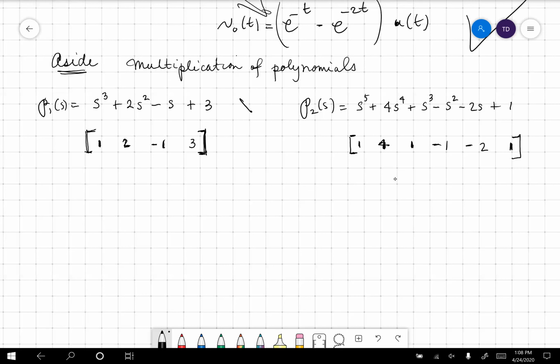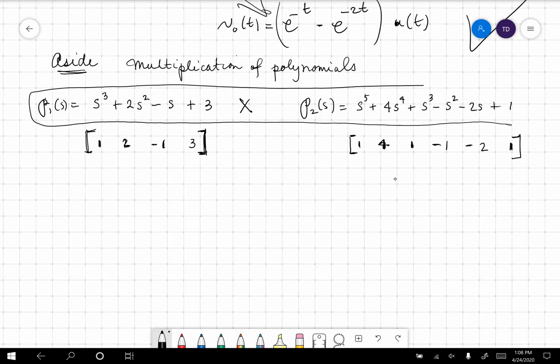So here's what we want to do. We want to multiply these two polynomials together. I know that you know how to do that, and you've got plenty of ways to do it. But I claim that multiplying these polynomials is nothing more than doing convolution. I'm going to show you what I mean.